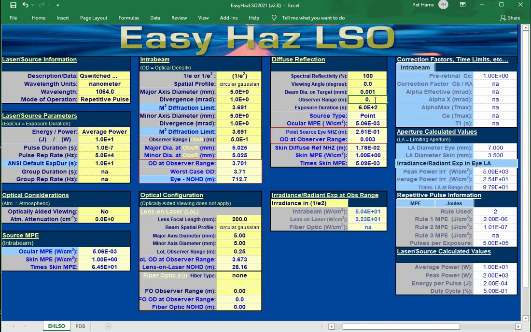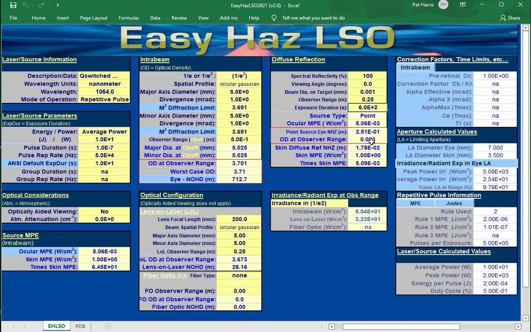If we put our observer back just a little bit more, yep, it goes to 0. All right, so 0.25.